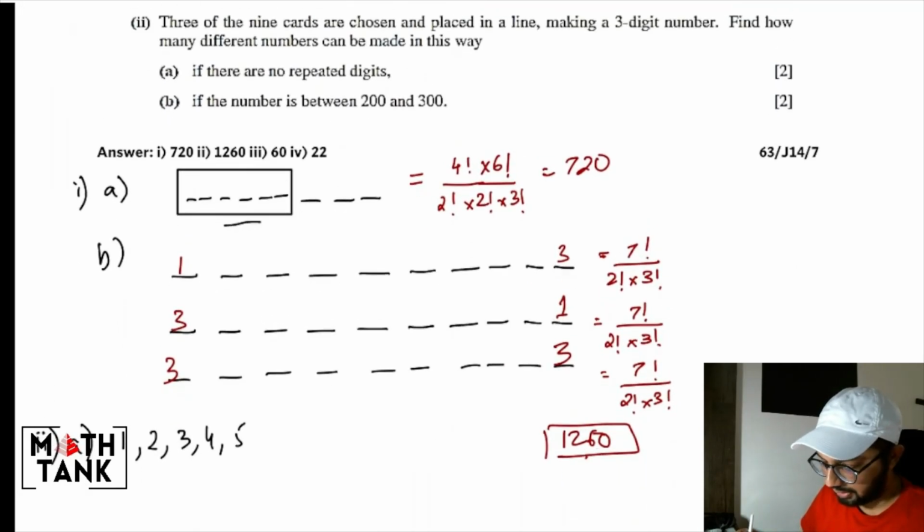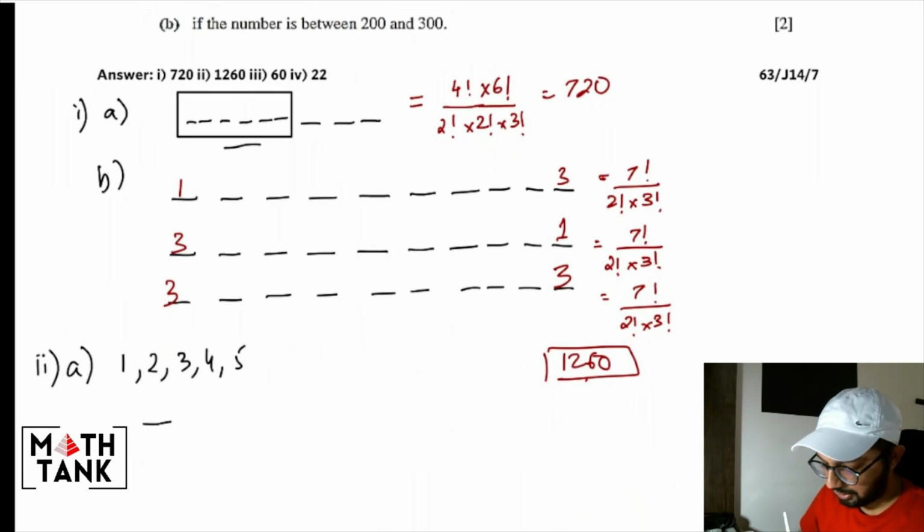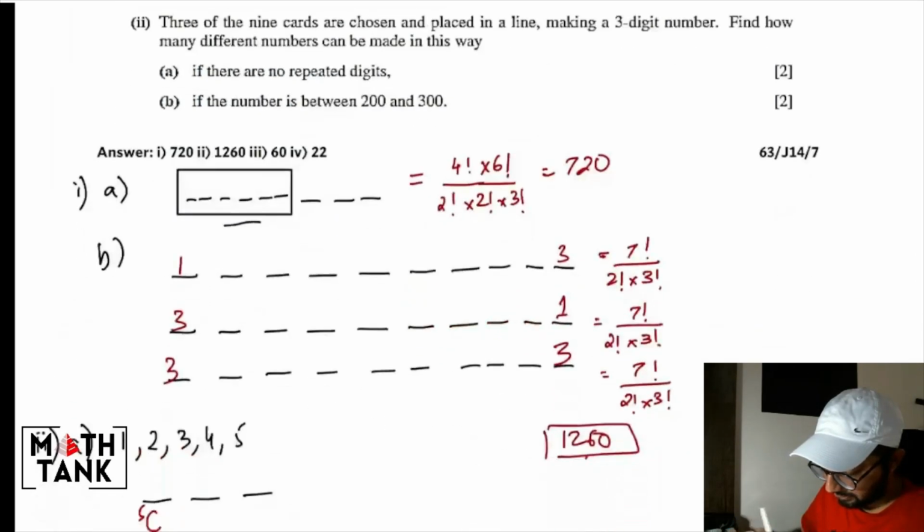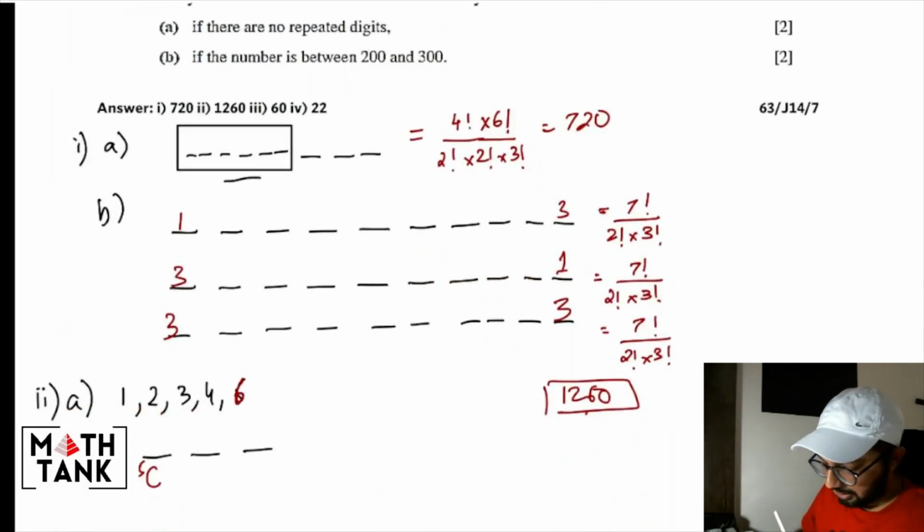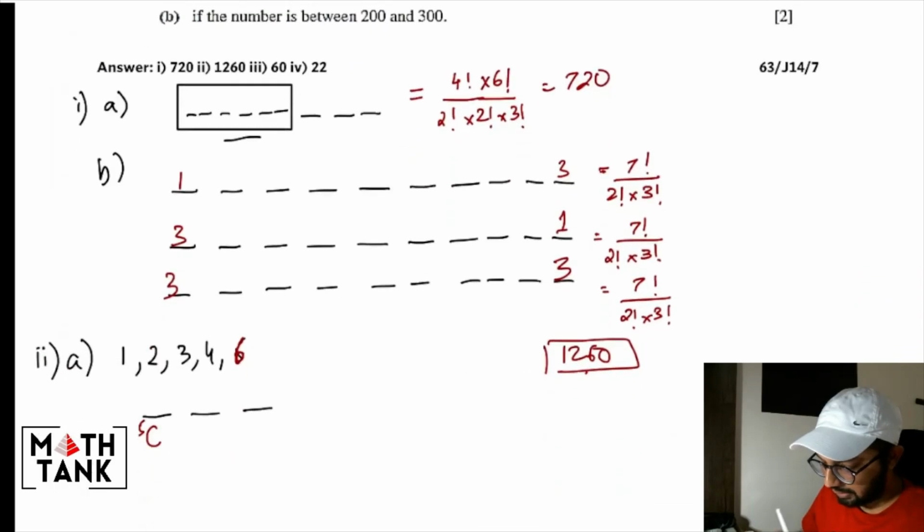So I can simply say that if there are no repeated digits and it's just a 3-digit number, so I have 1, 2, 3, 4 and 6. I have 5 digits to choose from, so that's 5C1, 4C1 and 3C1. That gives me 60.